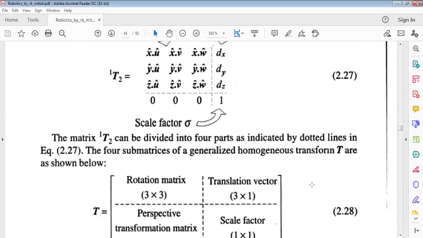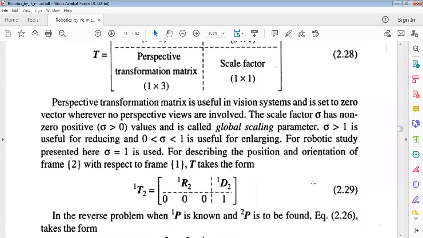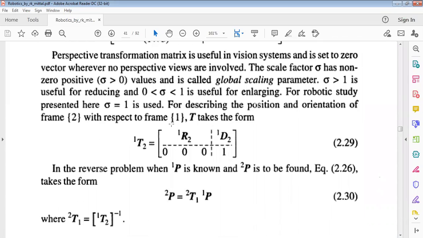Okay, let us move to the next topic. In short form, the transformation matrix is denoted like this. Say this is an equation of a vector of point P with respect to frame 2. So this is equal to 2T1 P. It is actually the inverse of the above equation.